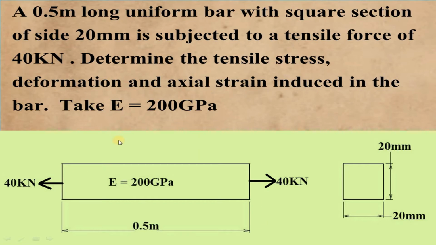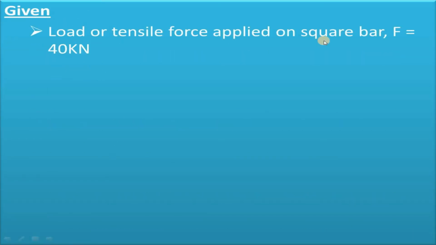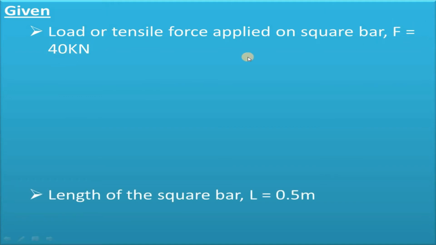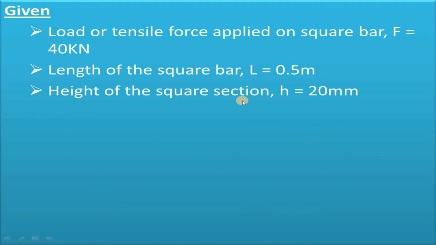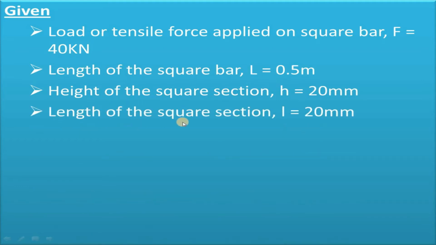Now I will list out the given conditions from the question. First, the tensile force applied on the square bar is 40 kN and it is taken as F. Second, the total length of the square bar is 0.5 meter and it is taken as capital L. Third, the height of the square section in the square bar is 20 mm and it is taken as H. Fourth, the length of the square section in the square bar is 20 mm and it is taken as small l.